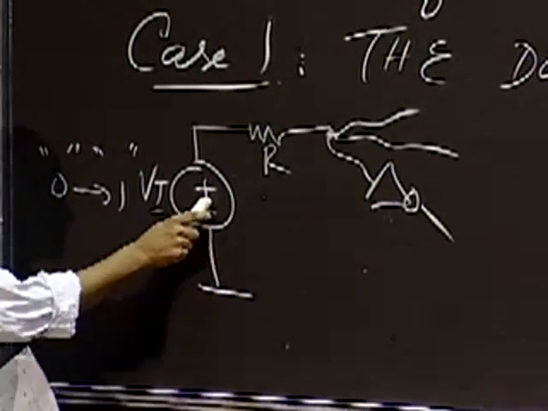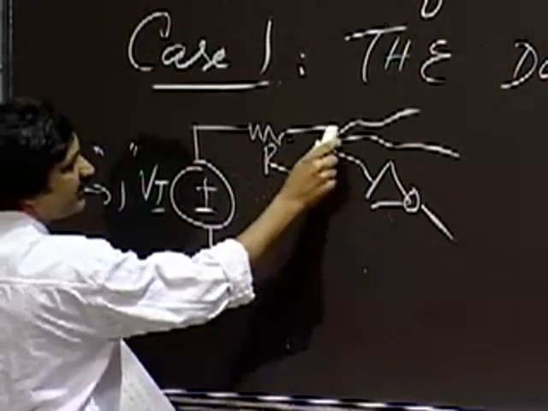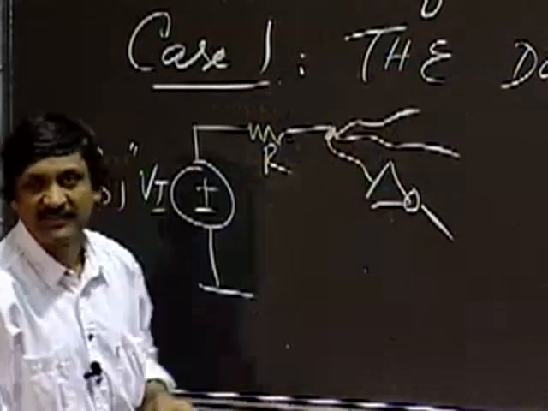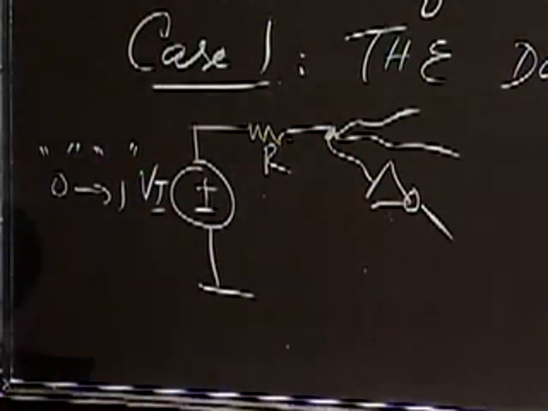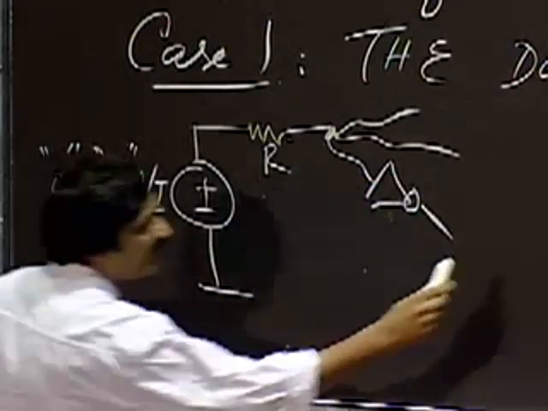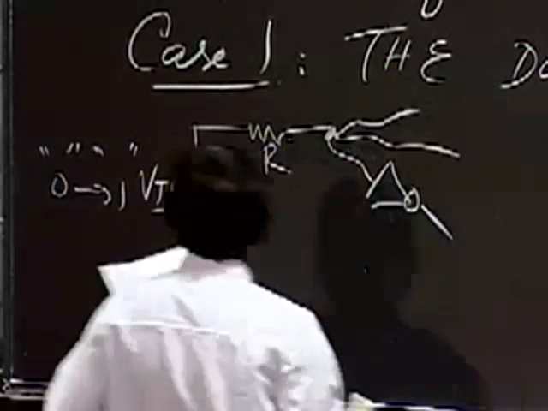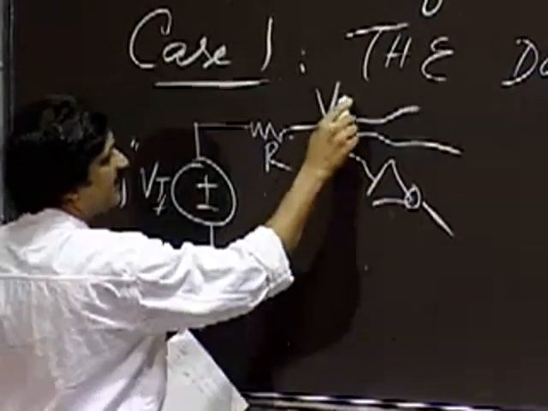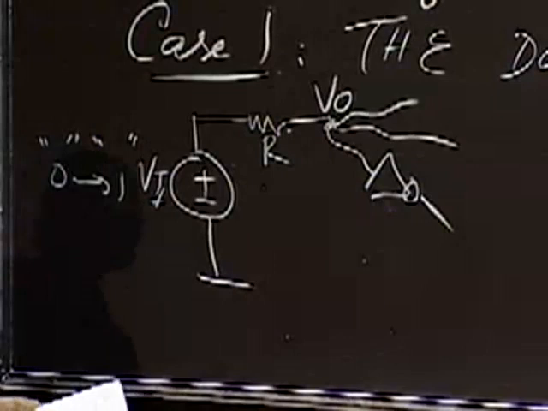So again, remember, a step input here, and the input goes through a Thevenin-like resistance, is applied to some other circuit elements. So if I apply a step here, what do you expect? You expect that, so let me call that VI, and let me call that VO.